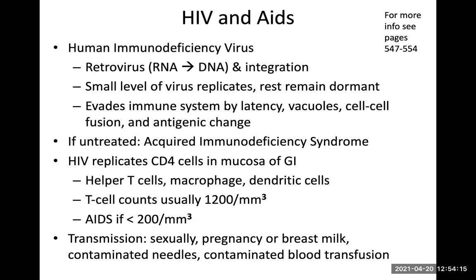And really, HIV and AIDS is most prevalent in Africa, where we believe it originated, and that was almost entirely spread through heterosexual intercourse. Also, pregnancy and breastfeeding will pass it on to children.